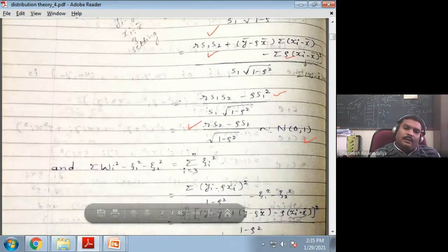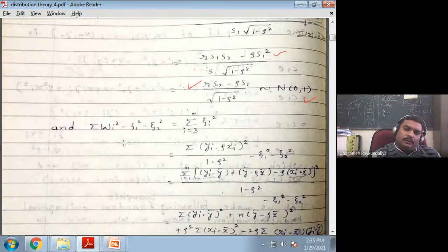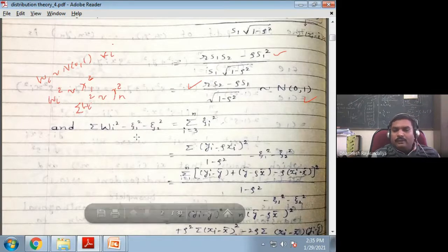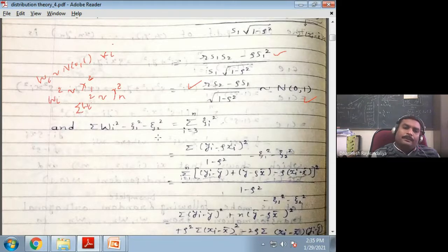Now we apply the orthogonal transformation. The third form is, because w1, w2, ..., wn are normal 0, 1 for all i, so wi square is chi square 1, and they are independent, so summation wi square is chi square n. And xi1 square also has chi square 1, and xi2 square also has chi square 1.